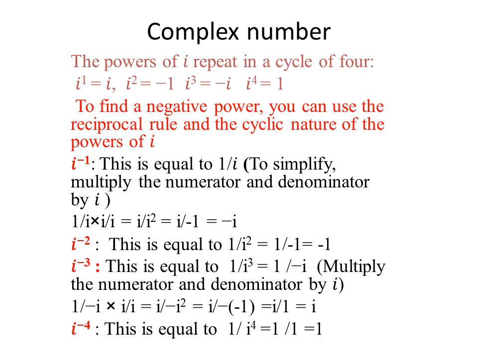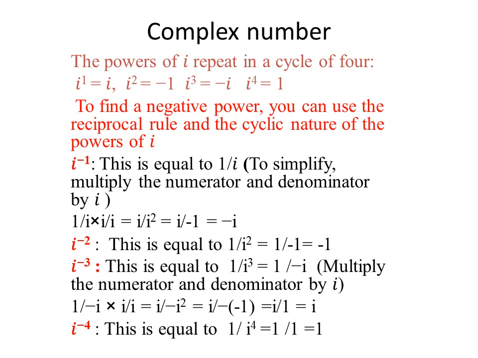To simplify, we multiply the numerator and denominator by i. Then we get 1 by i into i by i, that is i by i², that is equal to i by -1, that is equal to -i.